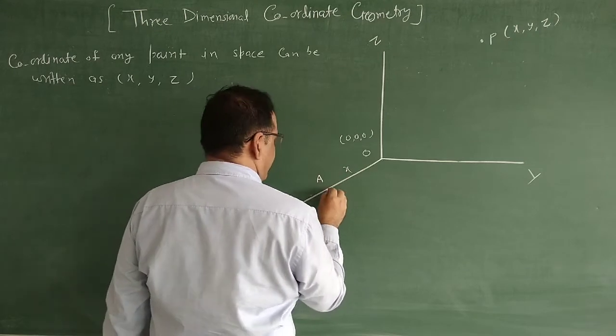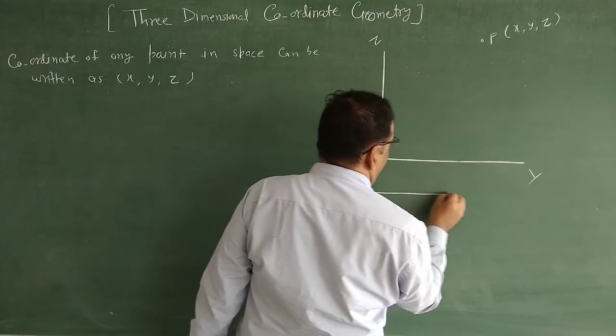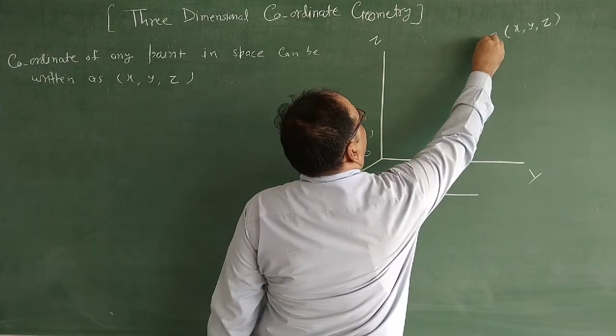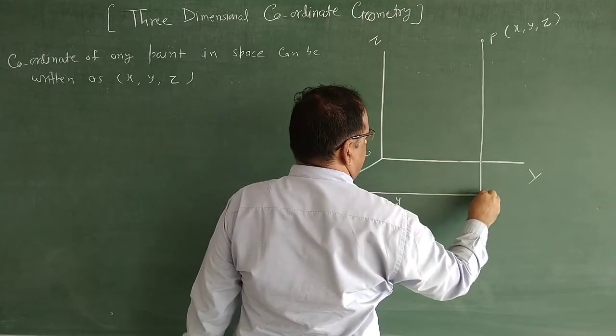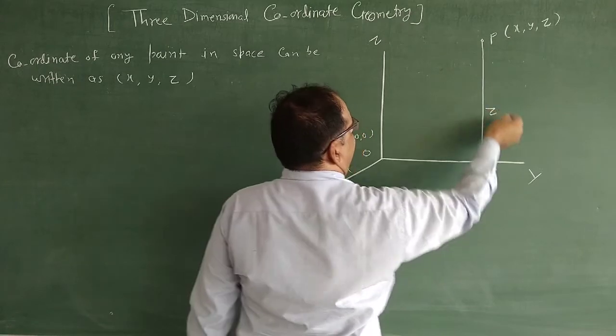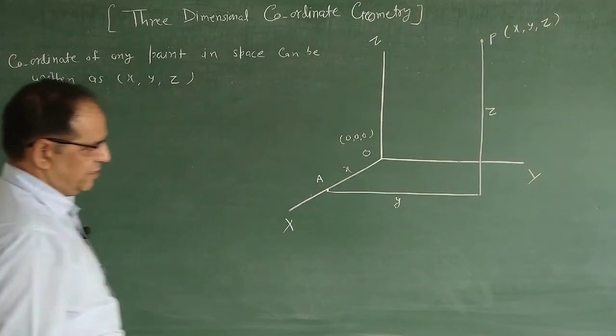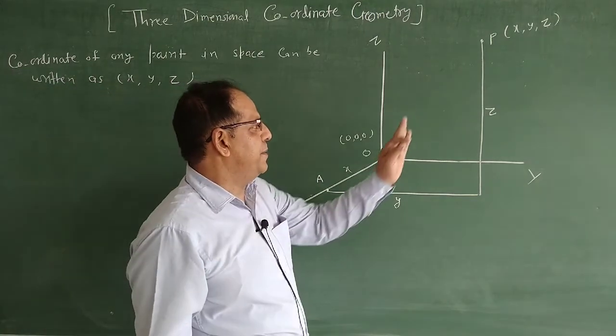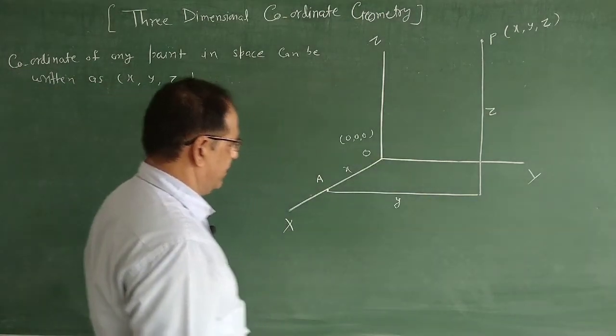After it we move distance y in the direction of y-axis, and after it we move distance z in the direction of z-axis. So this is the way of reaching the point P in three-dimensional coordinate geometry.